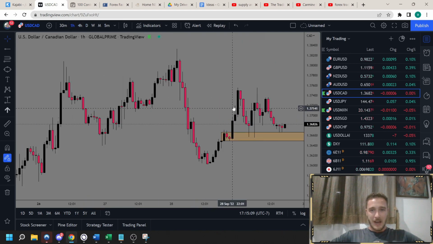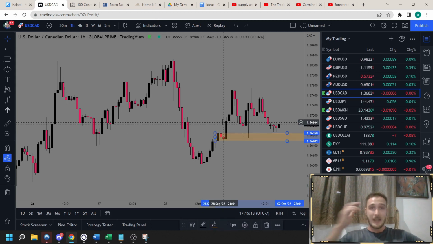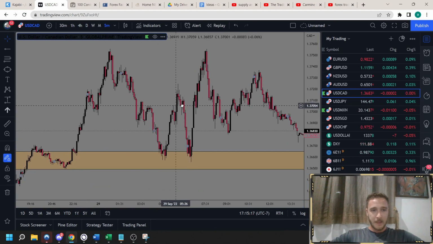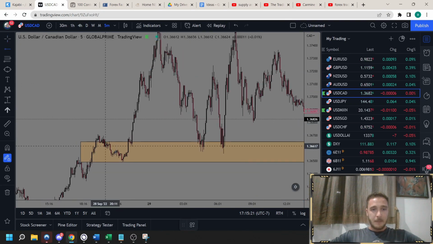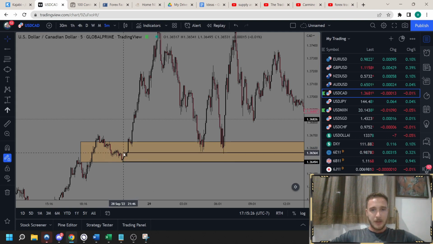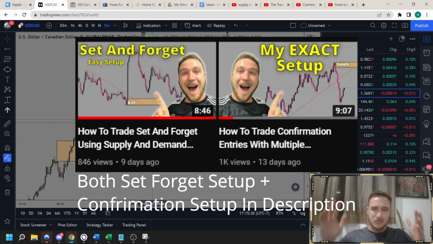So I use my 1 hour, have my price inside my 1 hour demand zone. I'm thinking in my head, I want to be looking for buying opportunities. I go down to my 5 minute, and you know what? Maybe the set and forget trader might be buying at the zone down in here. Maybe they just missed their entry, maybe not. Maybe that's that trader who's all upset thinking, "Oh, price just missed me by 1 pip and then it took off in my direction."